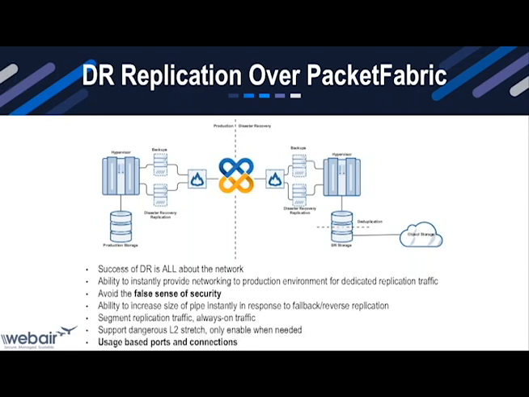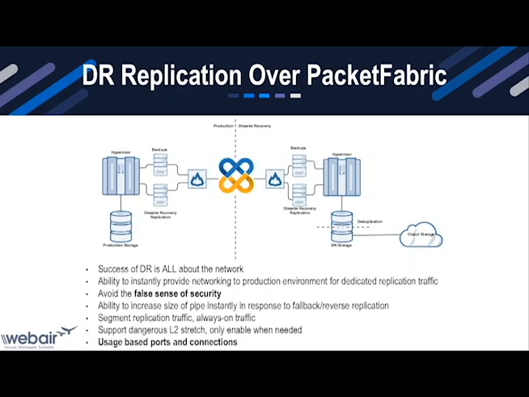Yeah, and we've been using PacketFabric for replication for DR for a while now, and it's come in handy a few times. It's also really nice for us to be able to segment the replication traffic versus partial failover consumption traffic, like these dangerous layer 2 stretches, by using the ability to create virtual VLANs that only get turned on during a DR event instead of having to maintain an actual physical port with VLAN tagging at the end user site.